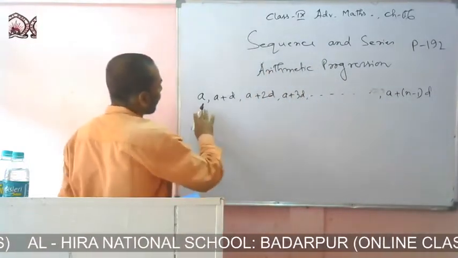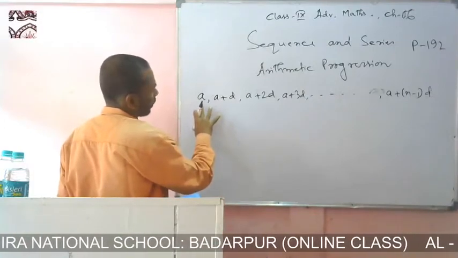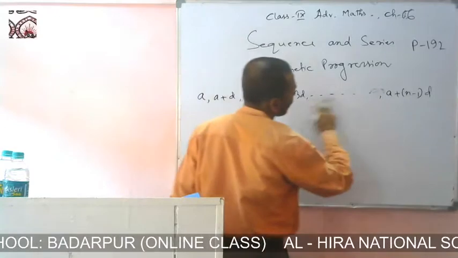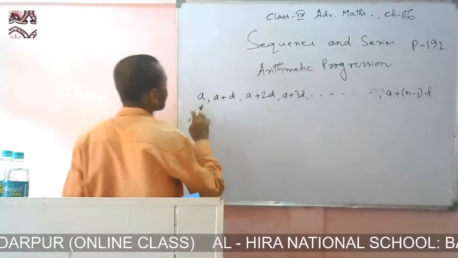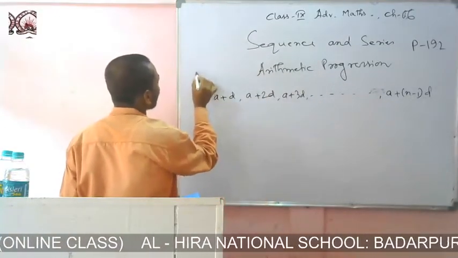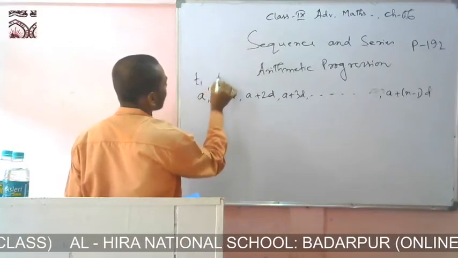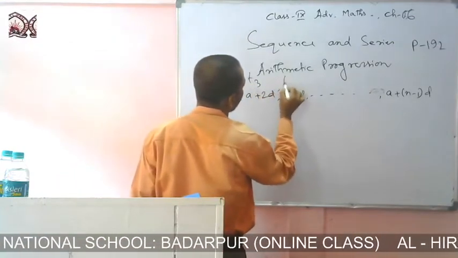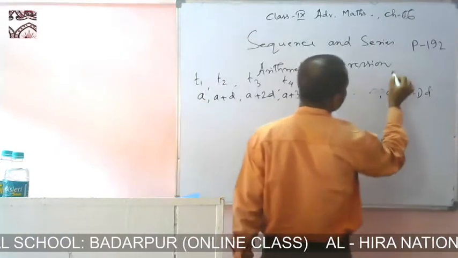So basically we are expressing the series a plus d, a plus twice d, a plus thrice d, up to a plus n minus 1 into d. So this one we can say is term 1, this is term 2, this is term 3, this is term 4, and the last one is term n.